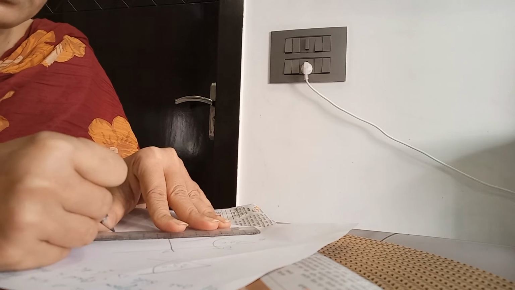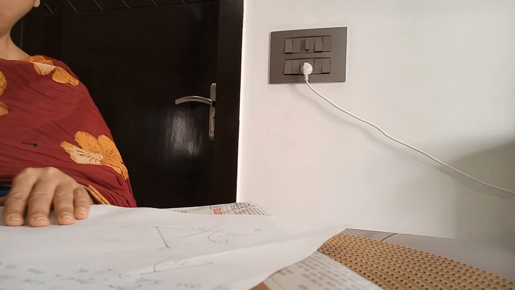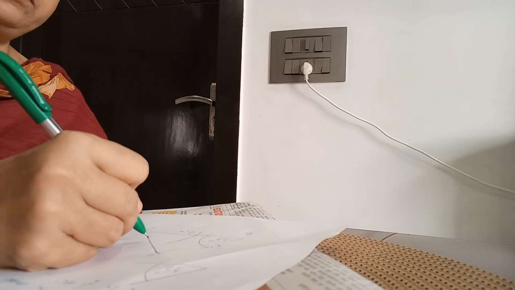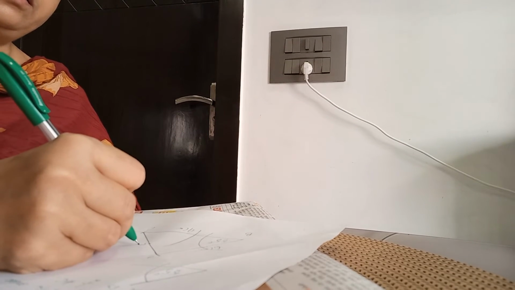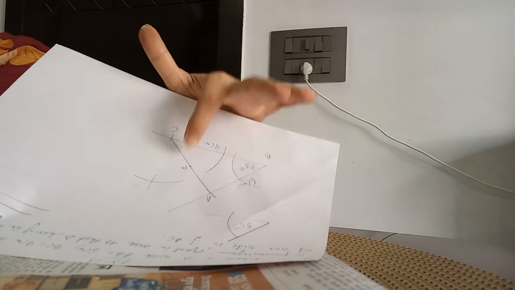It is bisected here. Name this point D. Clear?